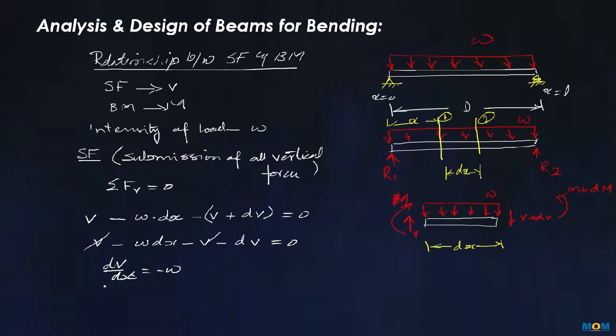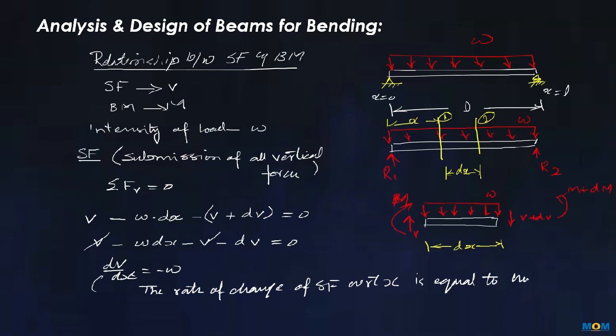So we can write this as the rate of change of shear force with respect to x, where x is the location of the section, is equal to the intensity of load, depicted with this expression: dV upon dx is equal to minus omega.